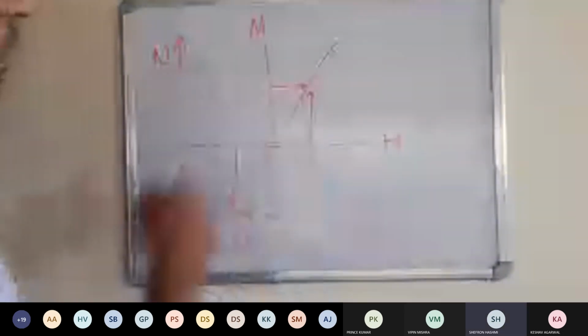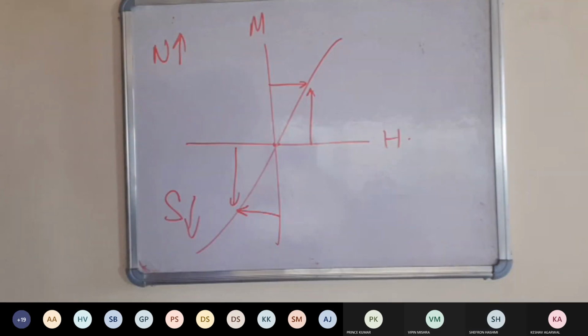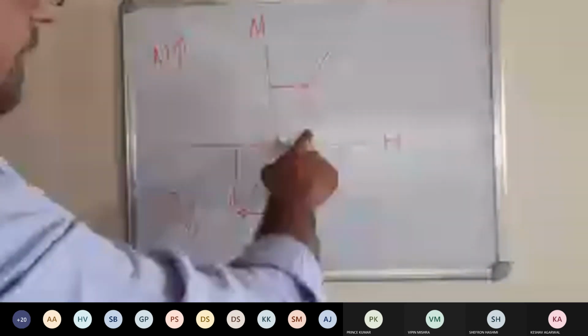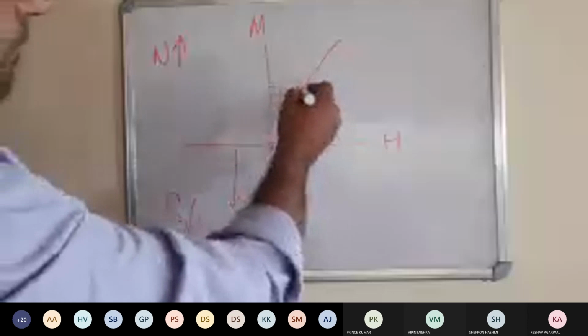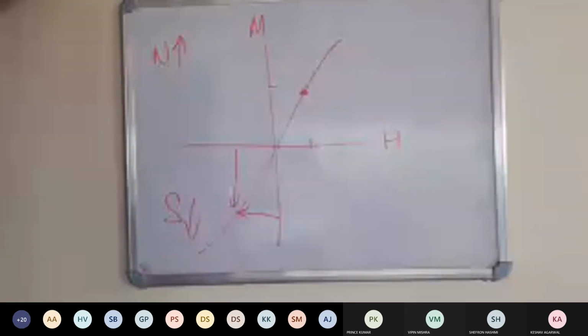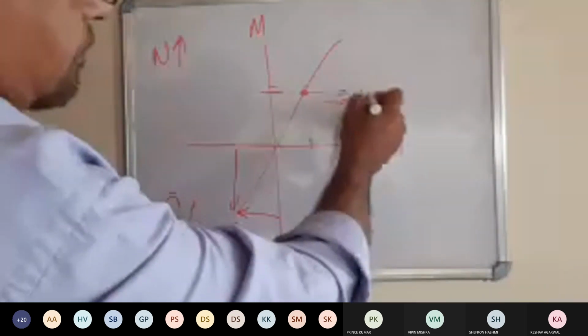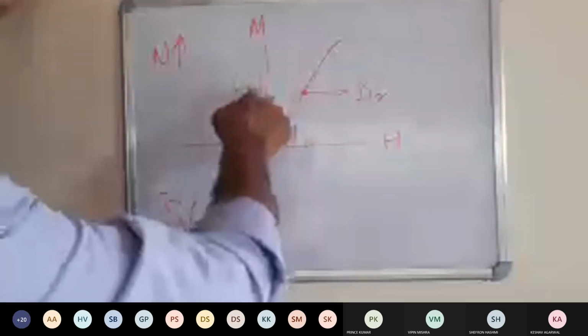Is the screen blurry? Okay. So let us say that it is settling here. It is settling here because as we have gone up in the latitude, there is drifting.